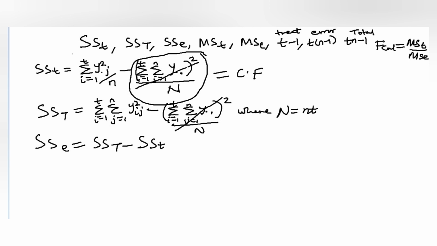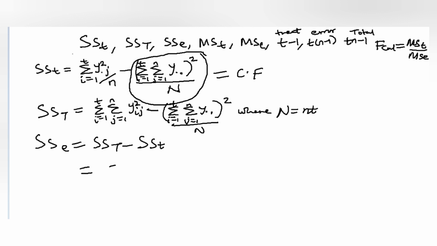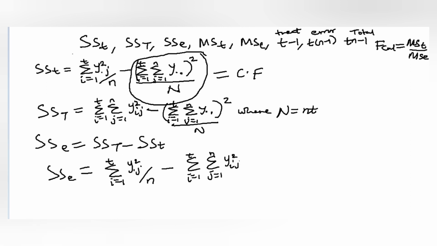So from here, this will give you the summation from i equal to 1 to T of Y dot j squared all over n, minus the summation from i equal to 1 to T and summation from j equal to 1 to n of Y ij squared. So this is your formula for SS error.